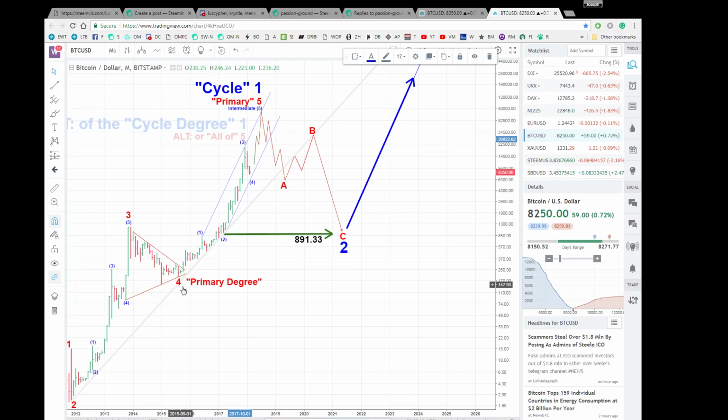So in theory, this low here of 198.12 would be the absolute low that this wave 2 can go, conforming to a very common retracement of Elliott wave theory, where the higher degree second wave down would coincide with the previous fourth wave of one degree less, which is the primary degree.